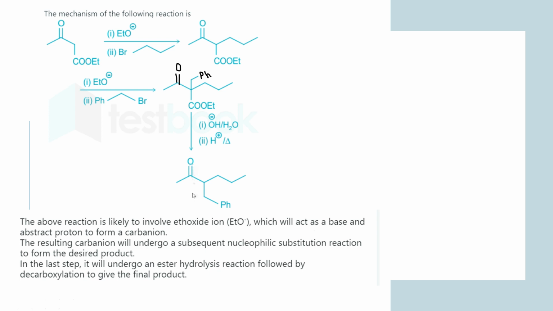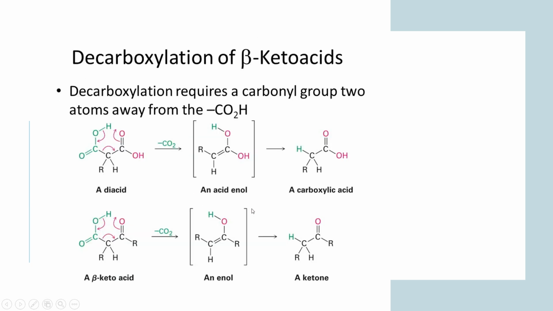Okay, so the product finally undergoes decarboxylation to give you this particular ketone as the final product. You can note down this reaction, which is decarboxylation of beta keto acids, and this slide is showing how a diacid and a beta keto acid is undergoing decarboxylation under the given conditions. Okay, you may note down.